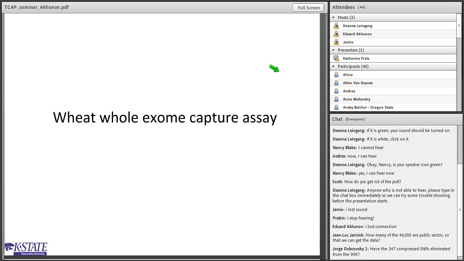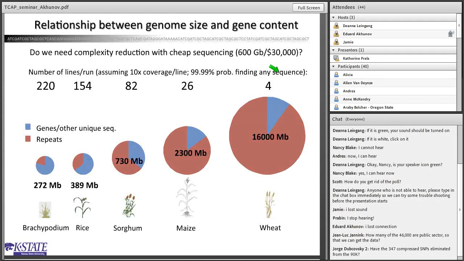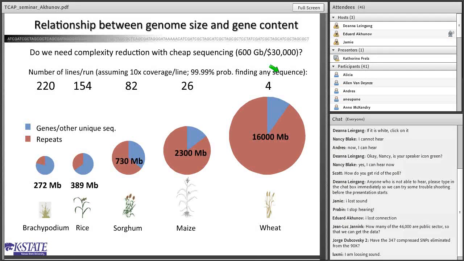So if you look at the size of the wheat genome, you may see that it mostly consists of repetitive elements. This is a comparison between different grass genomes, and you may see that the fraction of unique sequences, or the genes, relative to the total genome size in Brachypodium is very high.